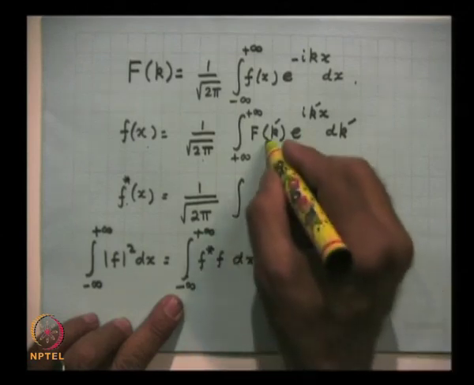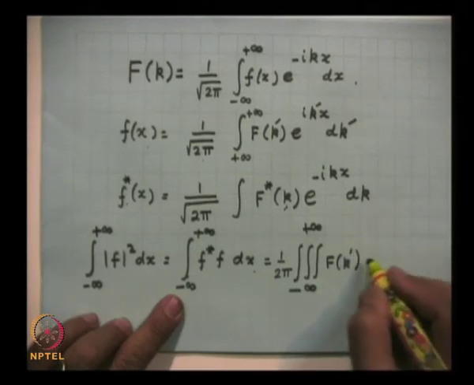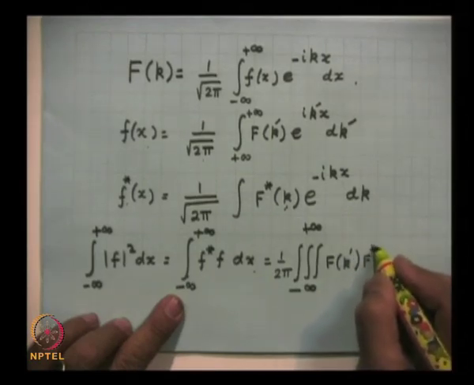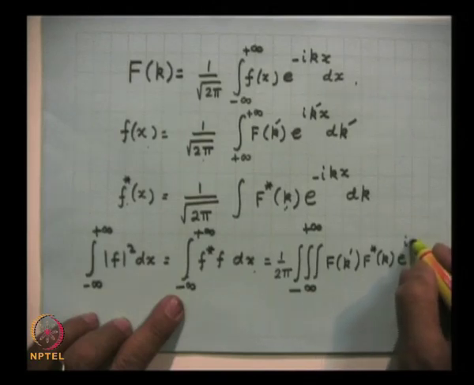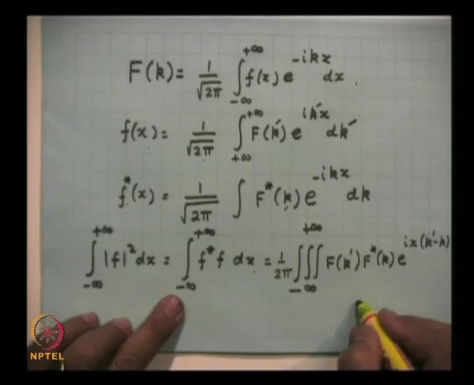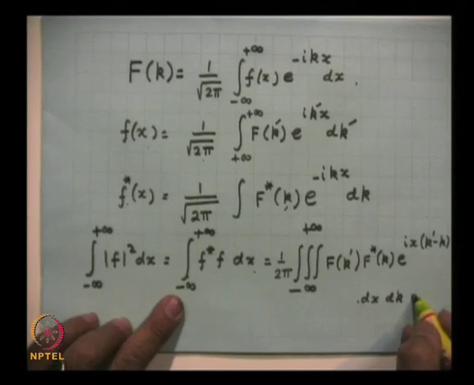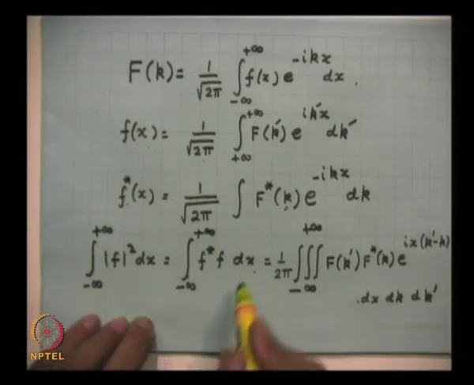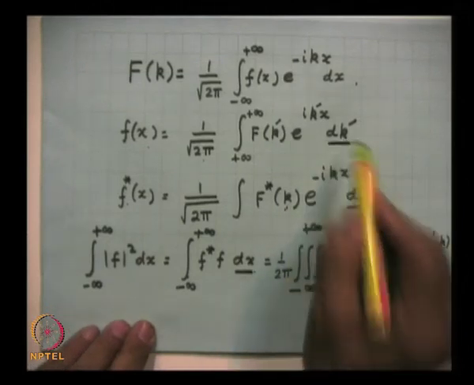So, first write down f of k prime, f star of k, e to the power of i x times (k prime minus k), into dx dk dk prime. Dx comes from here, dk comes from here, and dk prime comes from here.